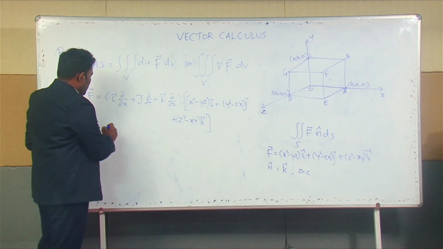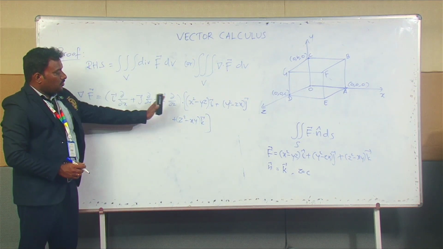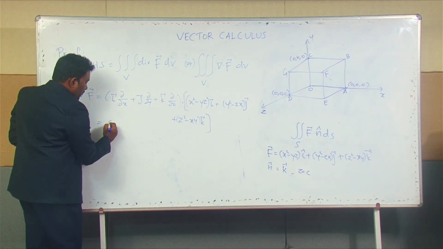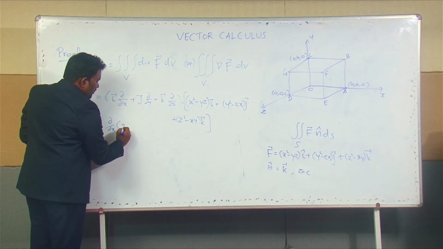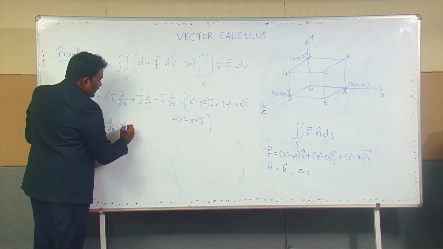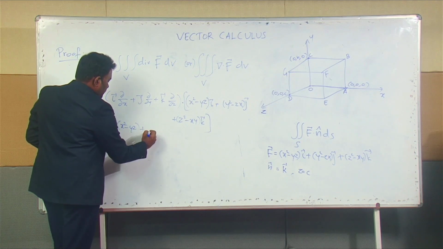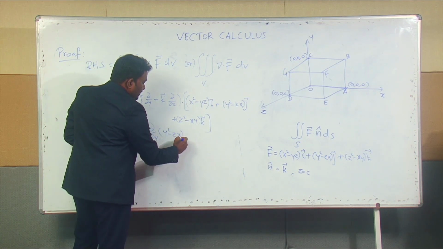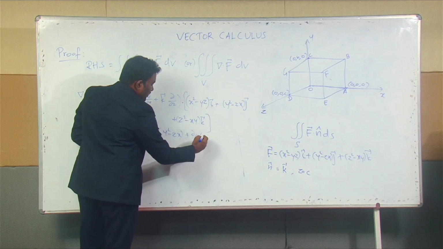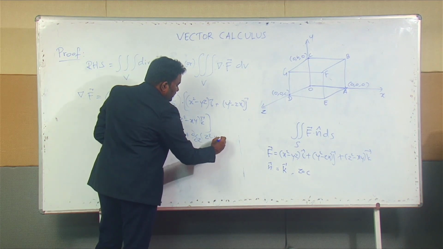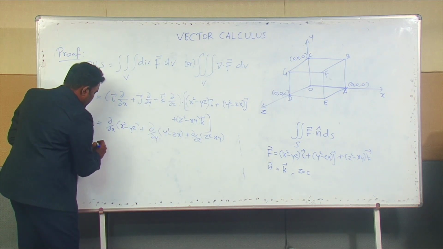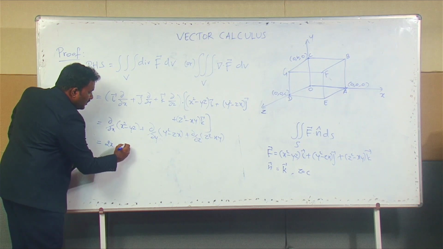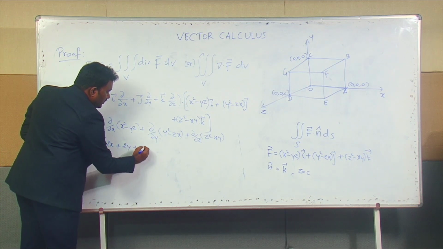When you take a dot product of these two vectors, the respective coefficients of i vector, j vector, k vector get multiplied. So, we get ∂/∂x of x squared minus yz plus ∂/∂y of y squared minus zx plus ∂/∂z of z squared minus xy. When you differentiate this, it becomes 2x plus 2y plus 2z.